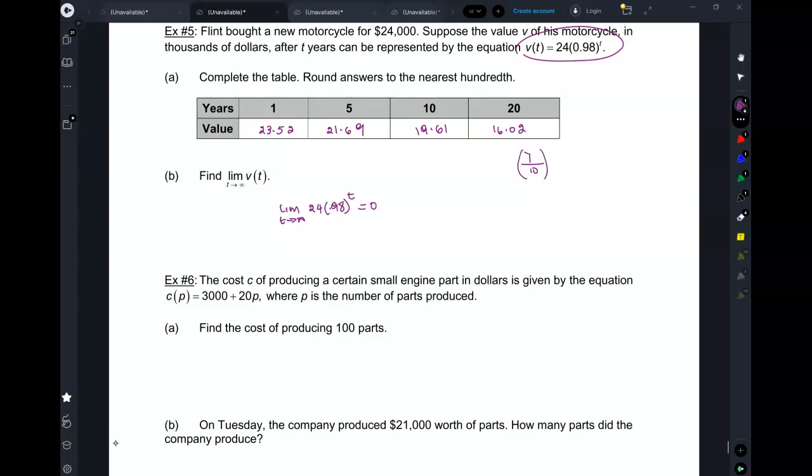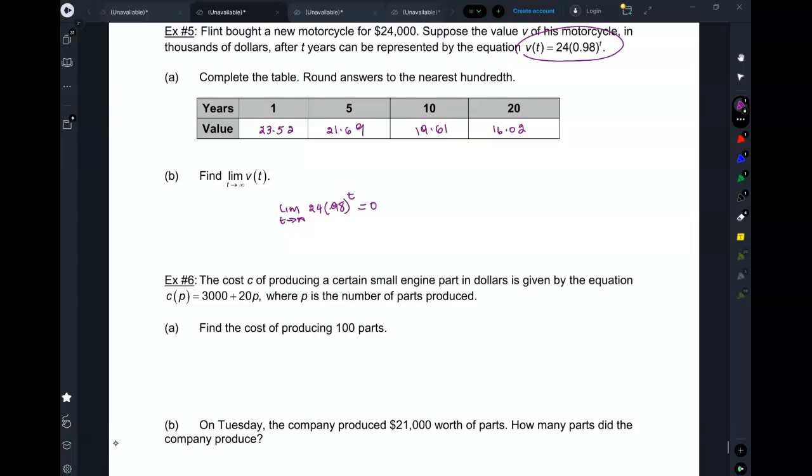So this, to the power of t, when t is infinitely large, will be about 0. We aren't doing t to the 0, we're doing t is infinity. So now, take a look.